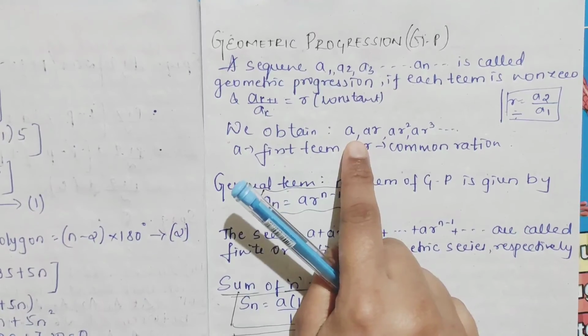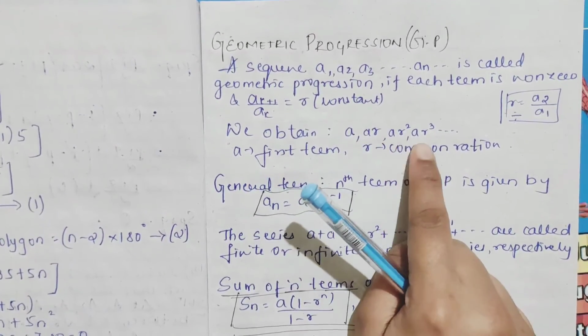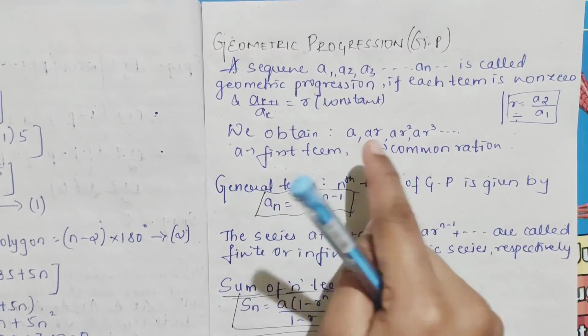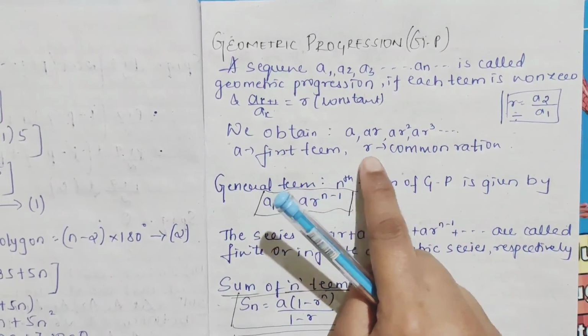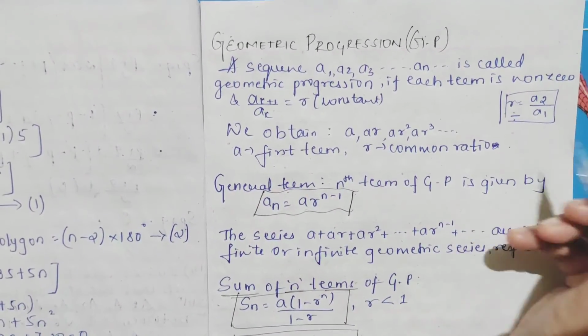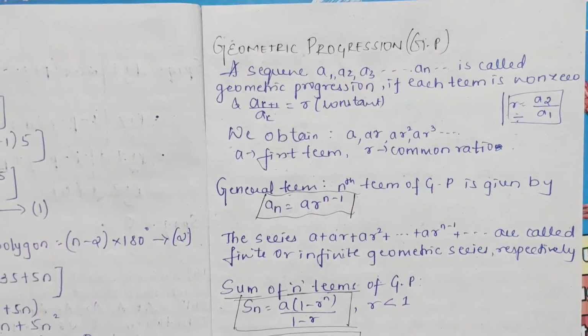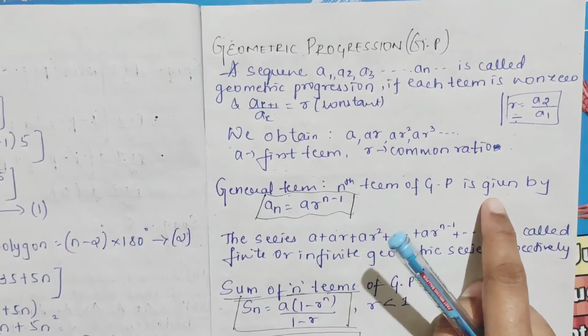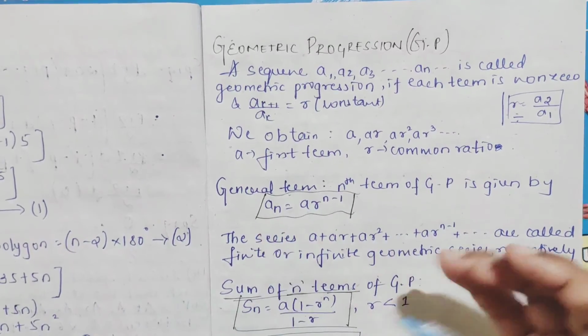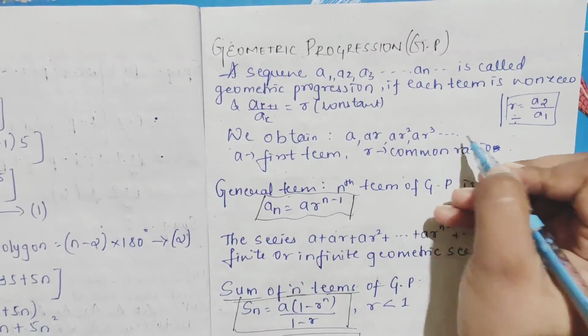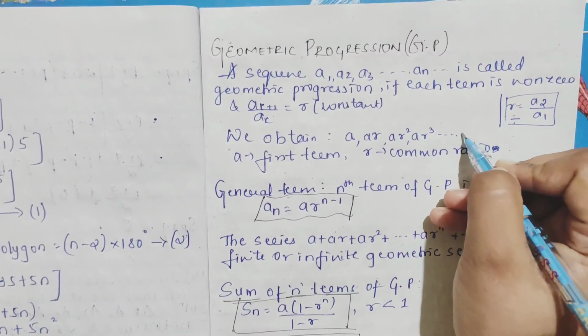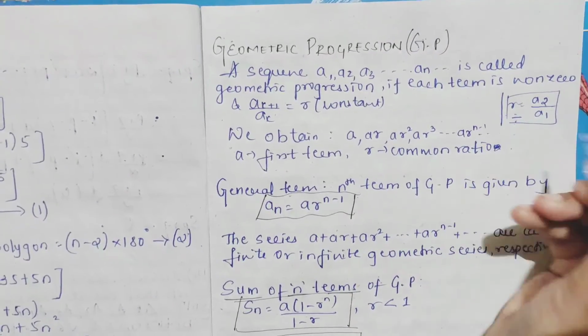So, how we obtain our GP is given as a, ar, ar square, ar cube, so on, right? Where a is the first term and r is called the common ratio. So, the general nth term of GP is given by an equal to ar to the n minus 1.